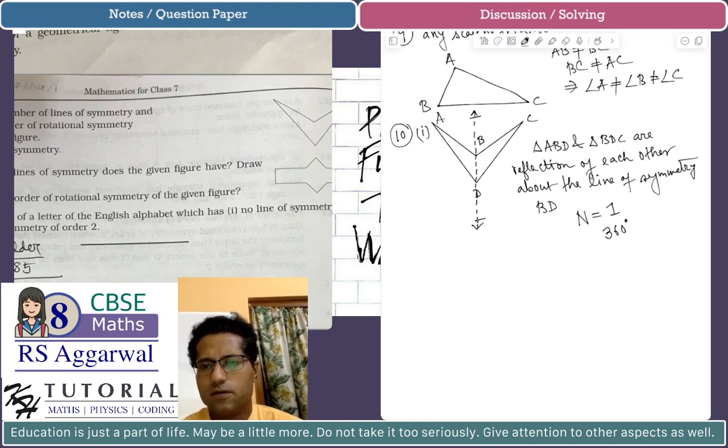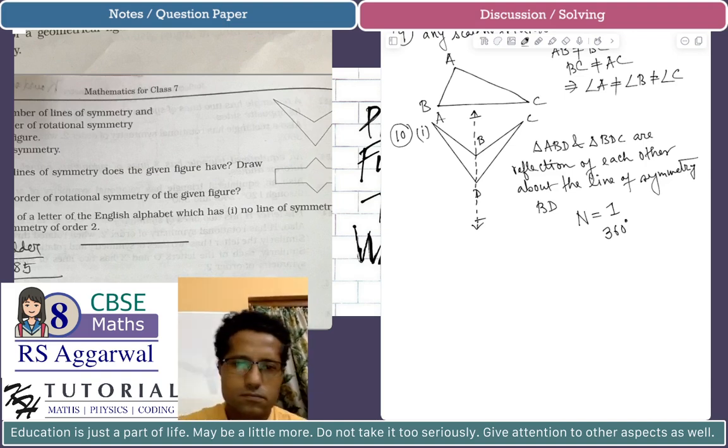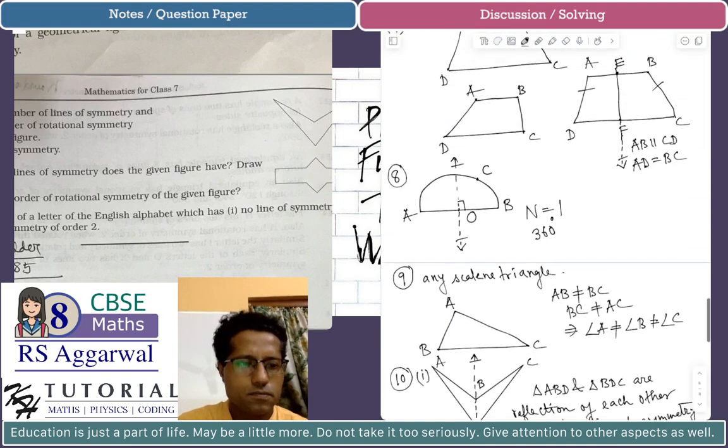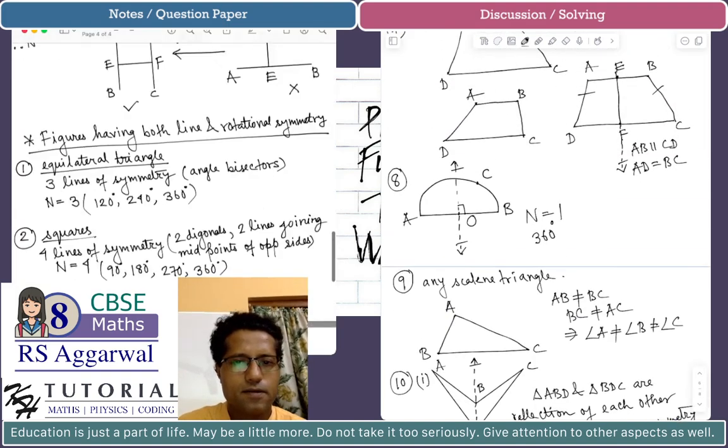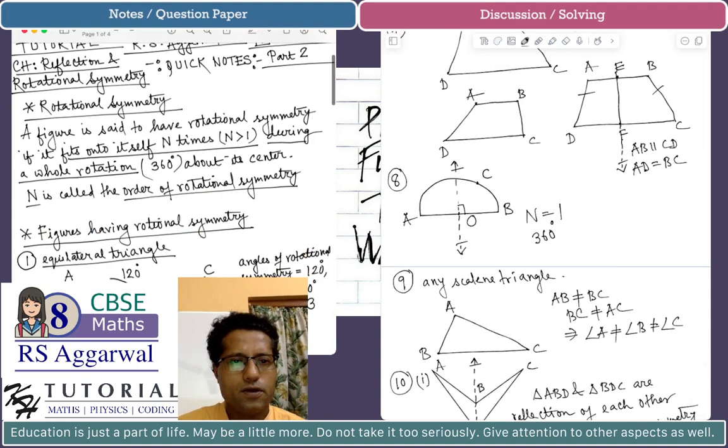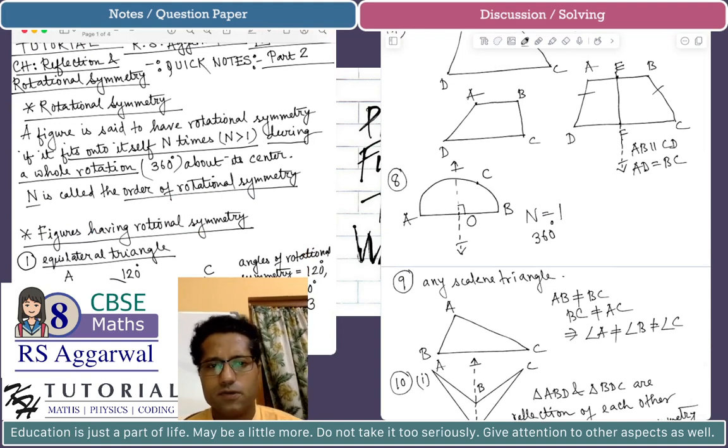As per the definition, a figure is said to have rotational symmetry if it fits onto itself n times, where n is greater than 1, during a whole rotation about its center. n is called the order of rotational symmetry.